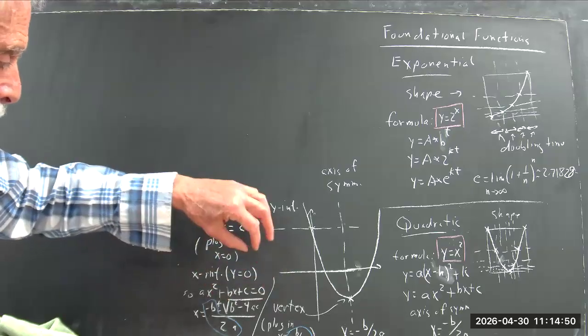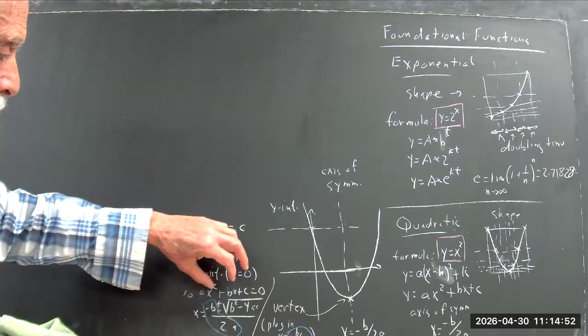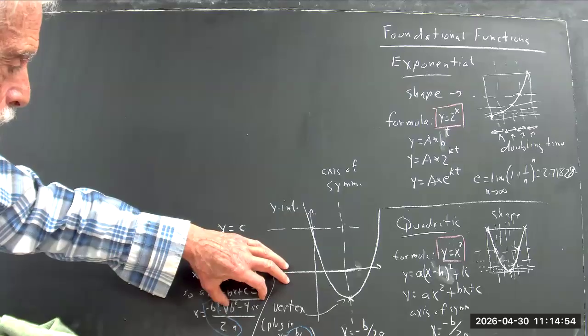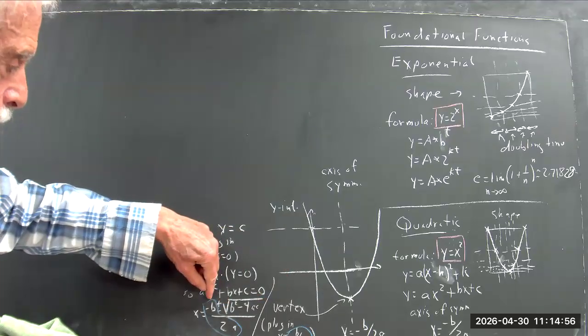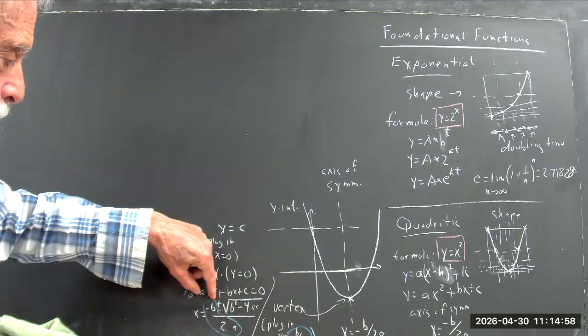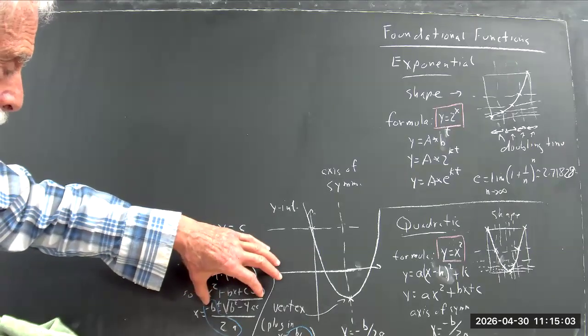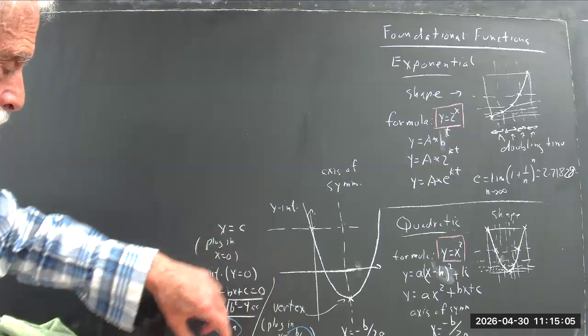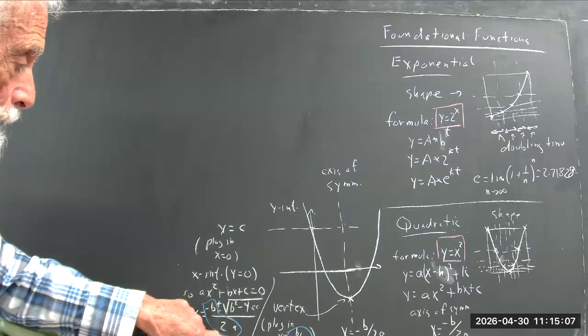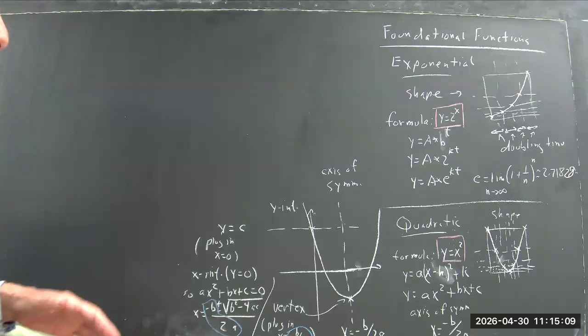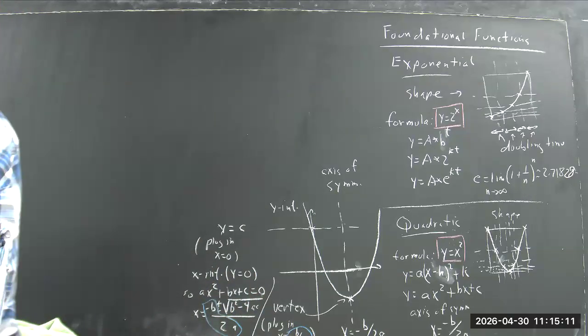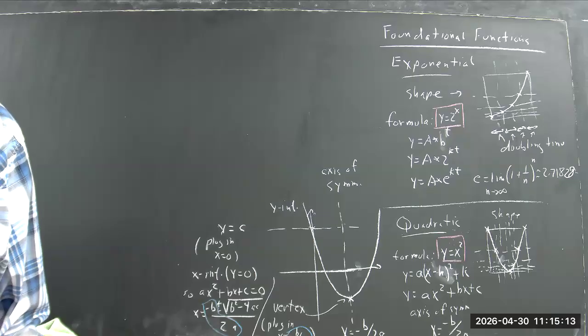This plus or minus the square root is going to be either this far to the right or this far to the left of negative b over 2a. Okay, so that the negative b plus or minus the square root of b squared minus 4ac, all divided by 2a, is going to be at equal distance to the right or left of the axis of symmetry.